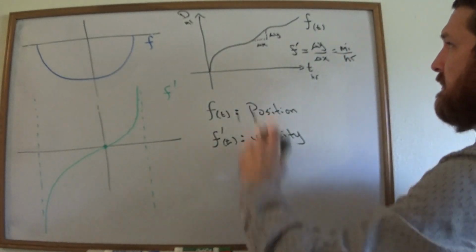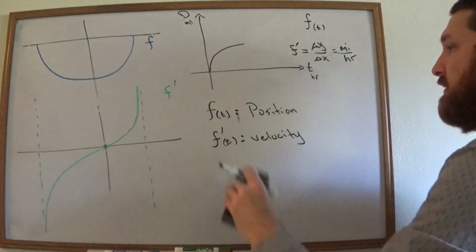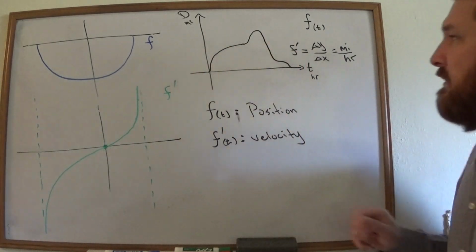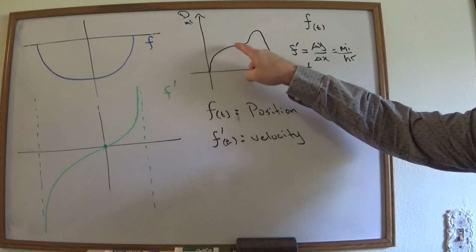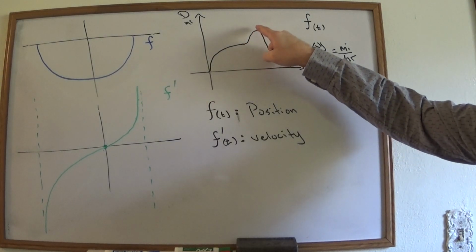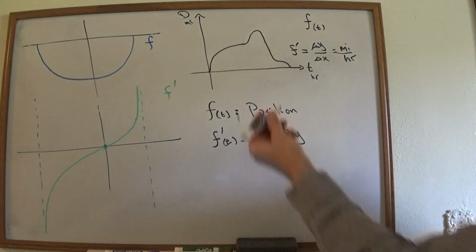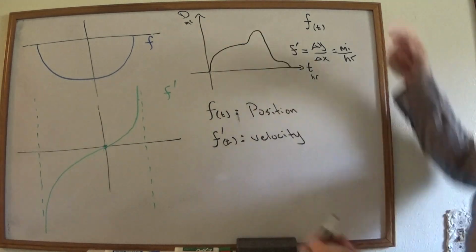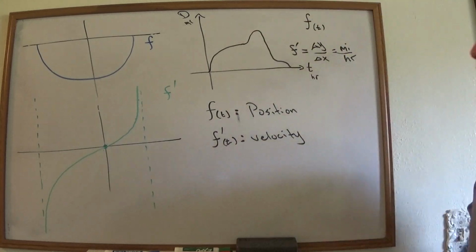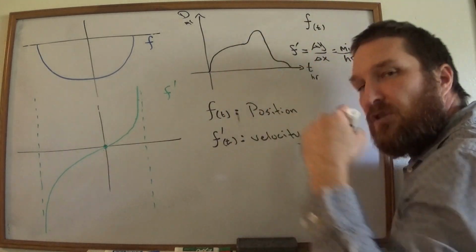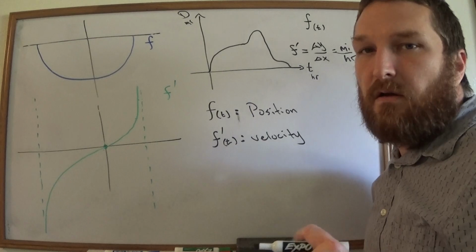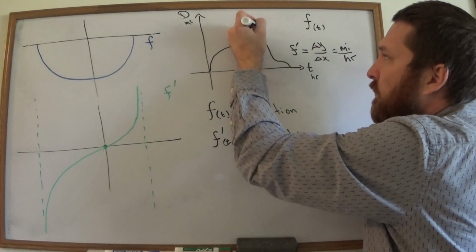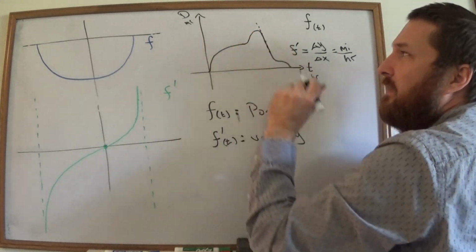So for instance, if this was a record of where you were, this would mean that you drove north, you slowed down, you went faster and you drove north, then you stopped because your slope was 0. And you must have turned around and started driving south, okay? And so on your speedometer, it would say you're going, say, 60 miles per hour. But the slope here would be a negative number, right?